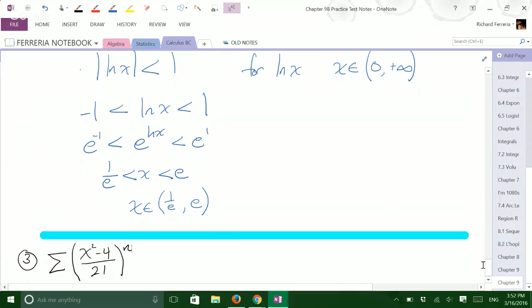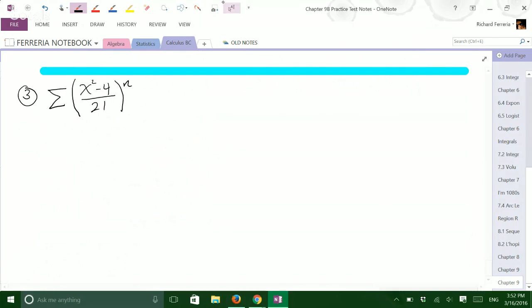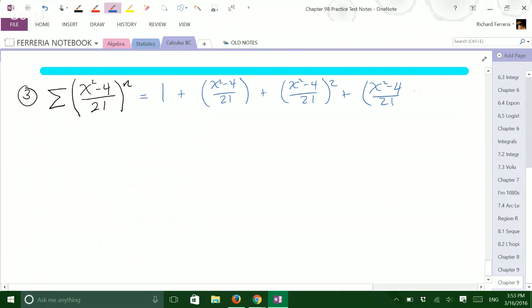Again, number 3 is a geometric series, so you don't need to use a ratio test. Let's write down these terms to make sure: 1 plus x squared minus 4 over 21, plus x squared minus 4 over 21 squared, plus x squared minus 4 over 21 cubed, plus and so on. So yeah, that is a geometric series. You don't have to fuss with a ratio test.